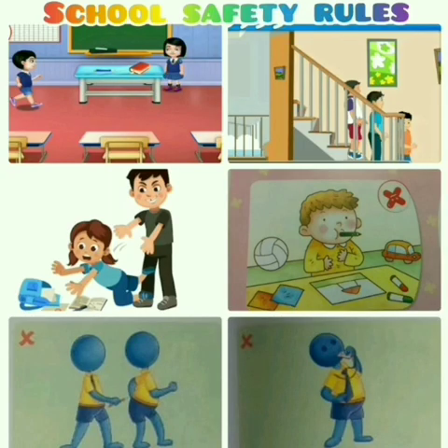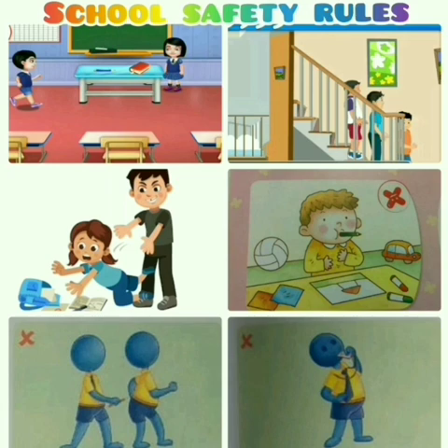It's time to revise school safety rules which keep you safe at school. Okay? So, the first safety rule is do not run in the classroom. Otherwise, you may fall down. The second safety rule is you should always walk in a line and do not run while using stairs.